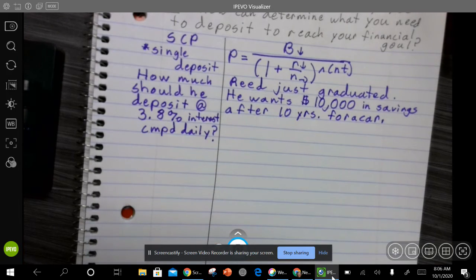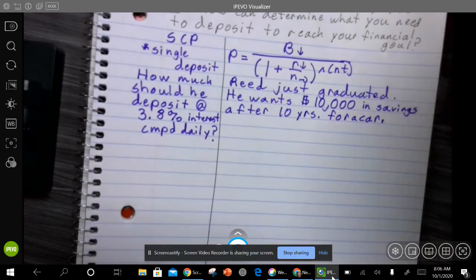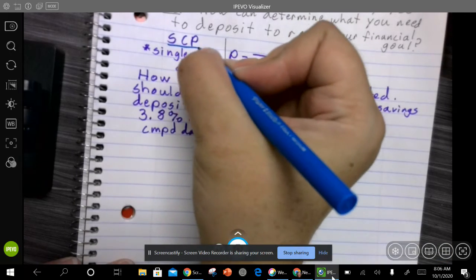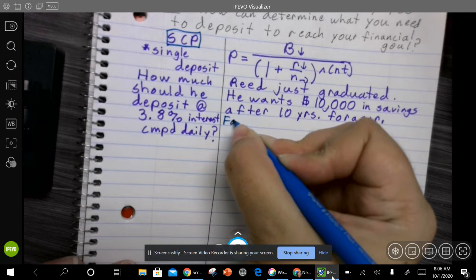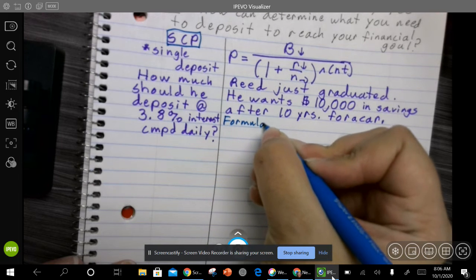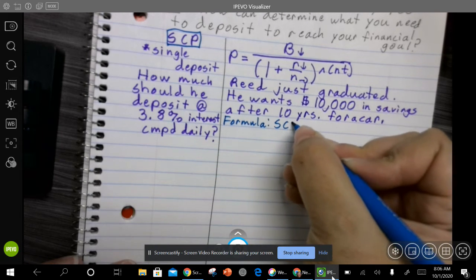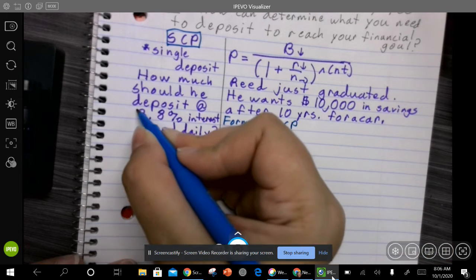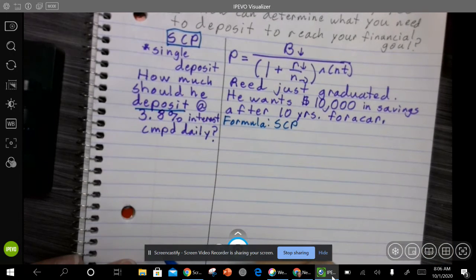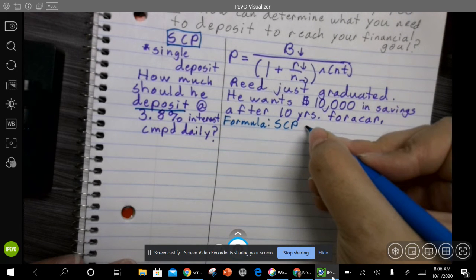Okay, so the formula, it's a single deposit. So it's simple compound principal because he wants, so how much should he deposit? We're trying to find the principal.